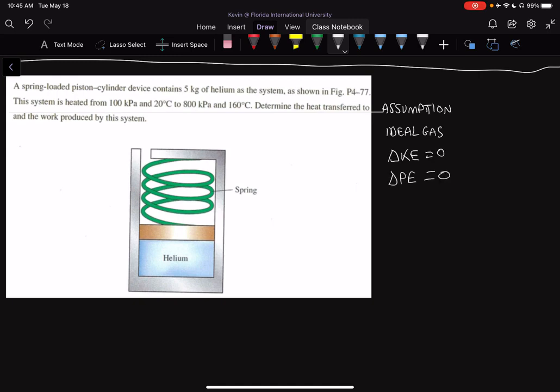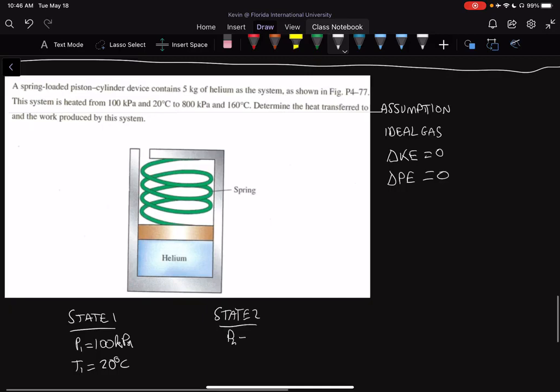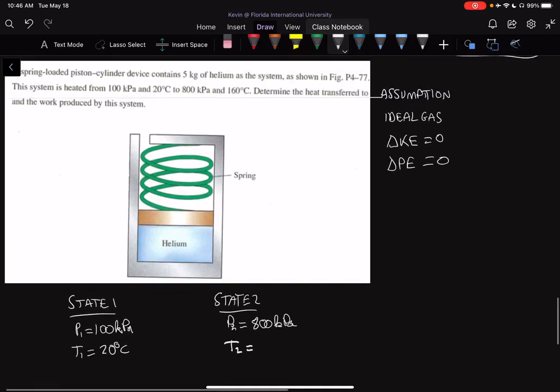And we can write our state 1 and state 2 of our system as P1 is equal to 100 kilopascals, temperature 1 is equal to 20 degrees Celsius, and then state 2, we have that pressure 2 is equal to 800 kilopascals, and temperature 2 is equal to 160 degrees Celsius.